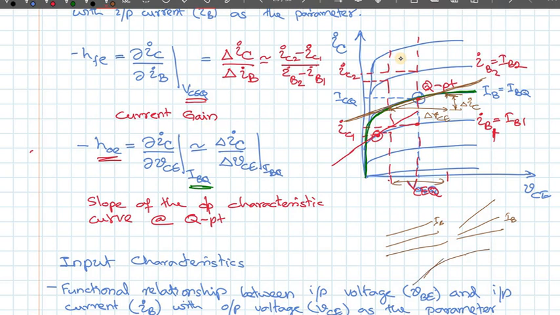Like at this point, this much. At here, you have this much. So at different locations, you have different curvatures. So therefore, HOE value changes, and also because these lines are not parallel, the HFE changes. This is for HOE. Okay, so that's one.